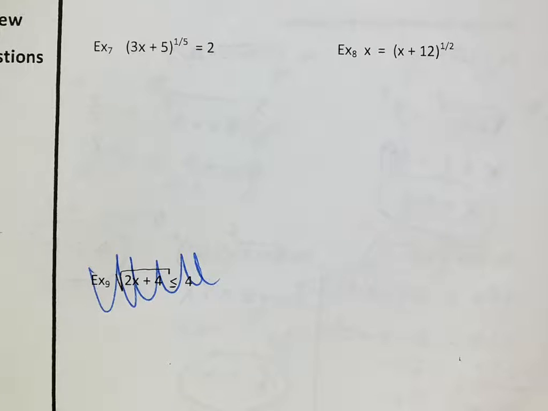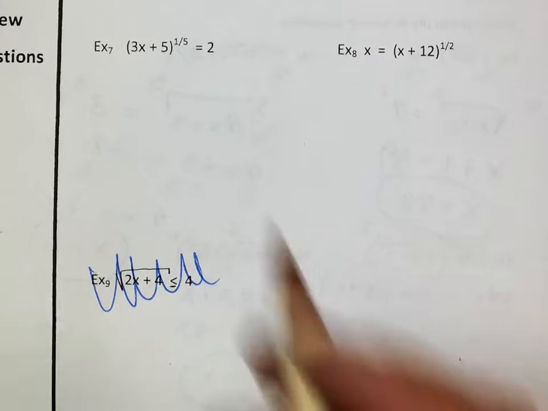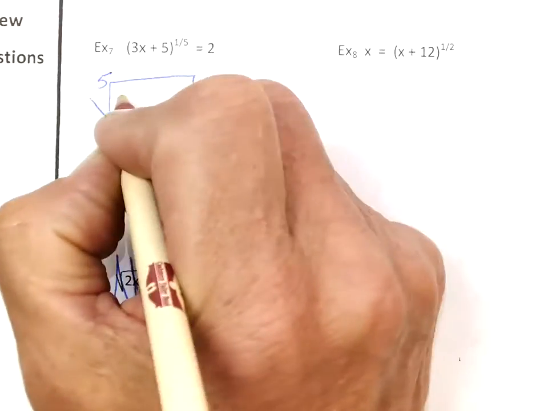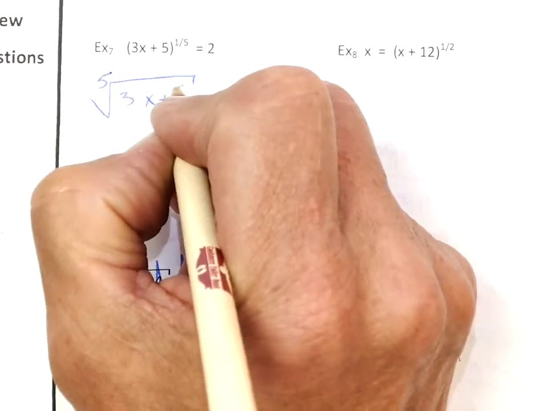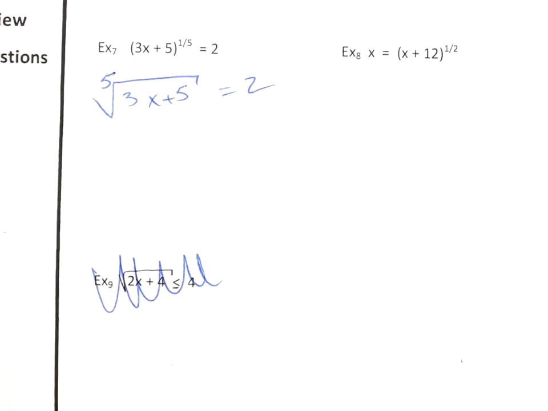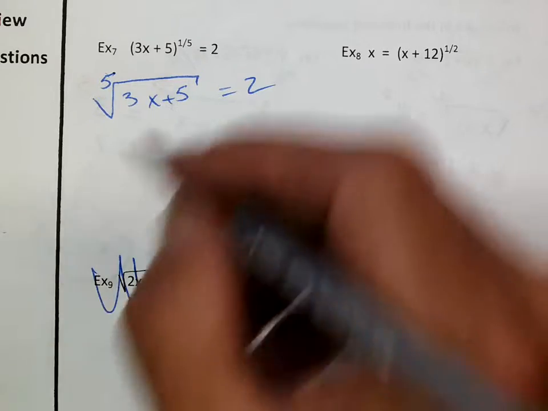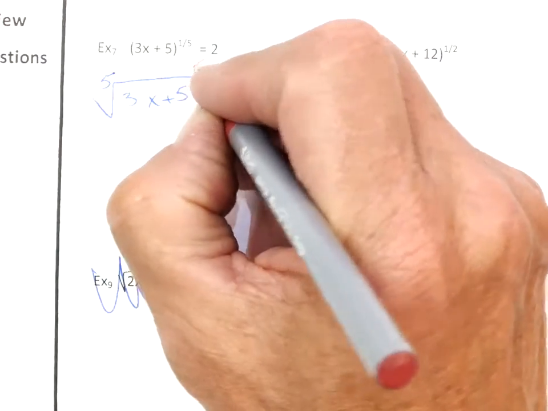Okay, you ready? Example 7. So this is really like the 5th root of 3x plus 5 equals 2, right? So, take it to the 5th power, right?